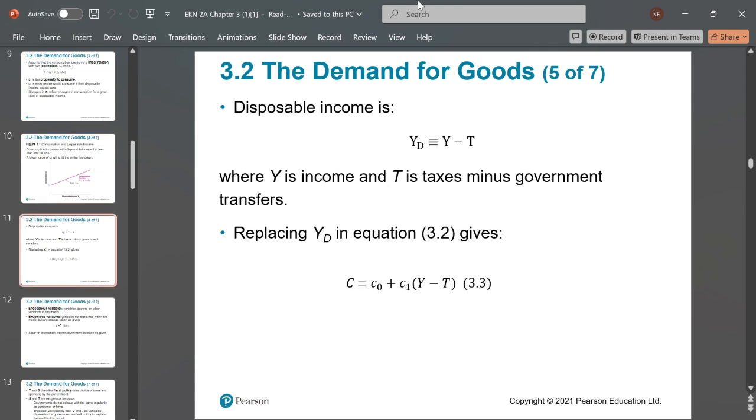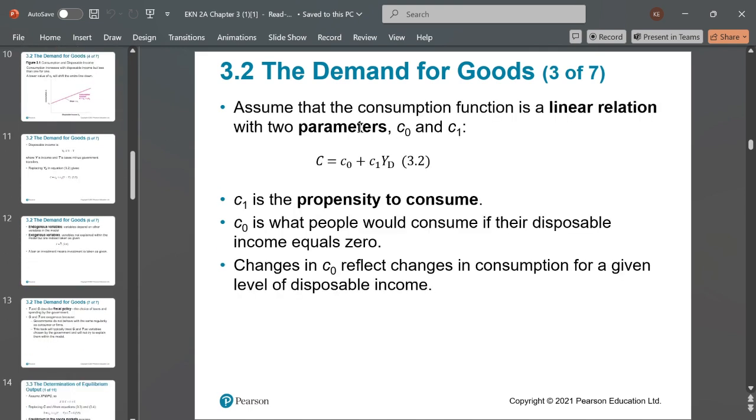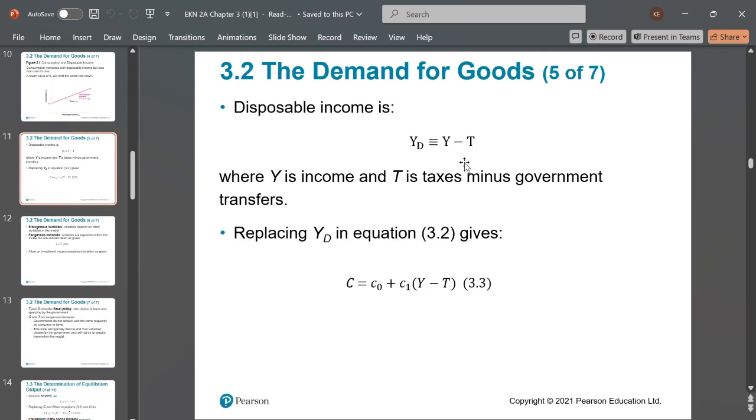Then we go to disposable income. So remember that we said this is how we get our consumption: autonomous consumption plus your C1 YD, YD being disposable income. But now we want to calculate disposable income. So disposable income is basically equal to the income that you get minus taxes.